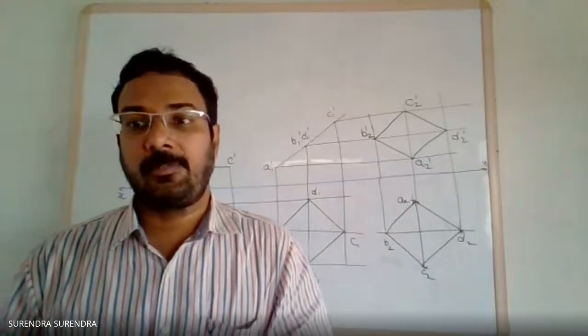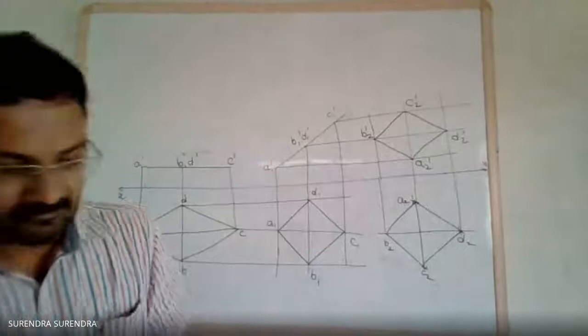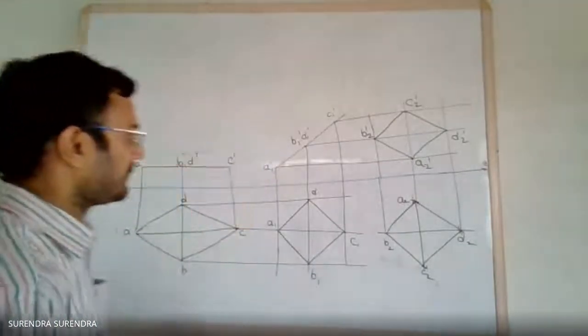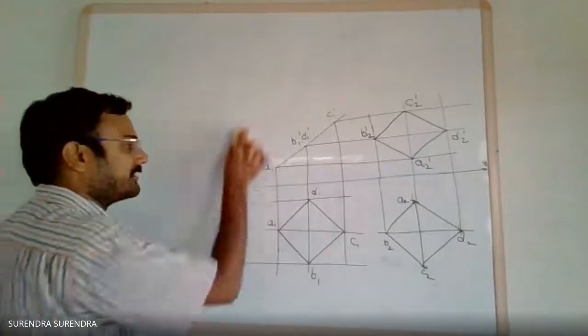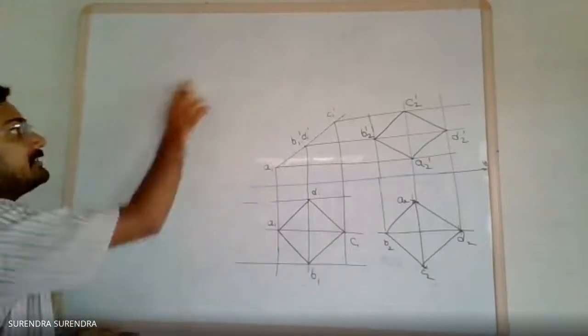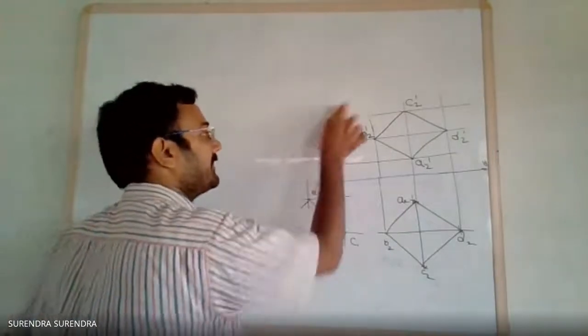A semicircular plate of 80 mm diameter. So read the problem. It is the shape of a semicircular plate. The plane or the surface is in the shape of a semicircular plate.